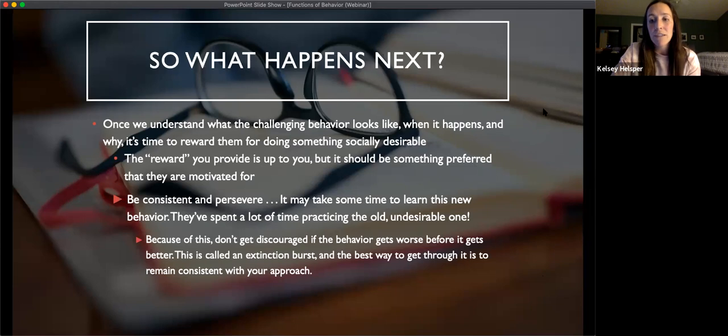Also, like we just talked about, be consistent and persevere through it. It may take some time to learn the new behavior. Just think about, they've spent a long time practicing the old undesirable one. For some kids, maybe it's weeks, maybe it's months, maybe it's years that they've spent practicing this behavior to get what they want. So it is going to take some time and some patience to get through it.